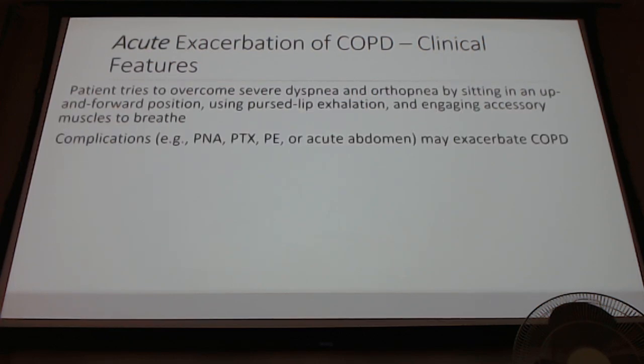So a lot of times they'll come in sitting in a tripod position or leaning forward to try to move air a little bit better. One thing I would recommend is not laying them down like we do in a lot of hospitals, so that's going to worsen their condition. You may see that pursed lip breathing.